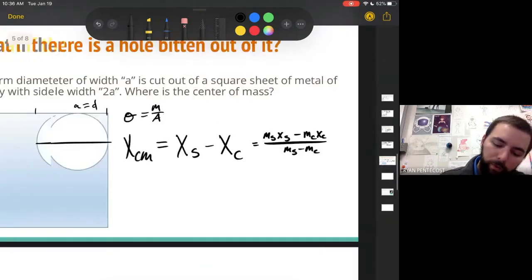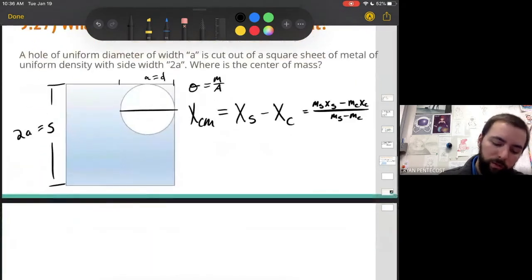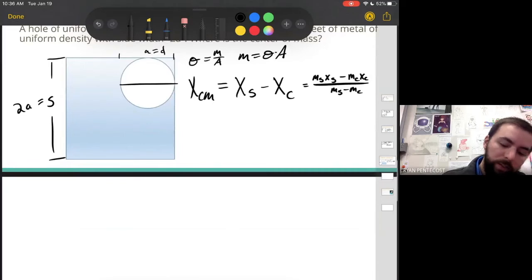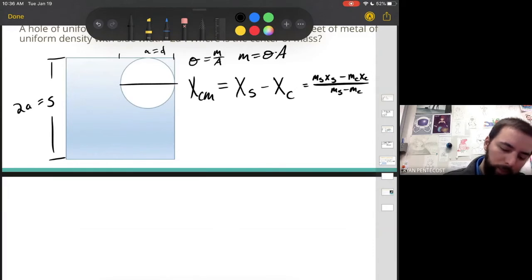Okay. But first, we need the mass of the square, the mass of the circle, and the x components of all of that. We see up here that mass is sigma times the area. So this is going to get tricky. The sigma is going to be the same for all of them, so we're just going to leave sigma alone. And this is all mostly going to be done using symbols. So sigma is sigma. The area of the square is the length of the side squared, which would be 2a squared, which gives you 4a squared.